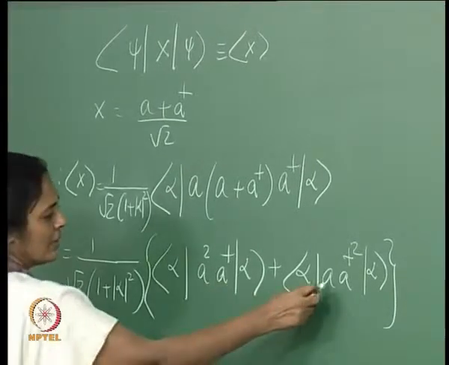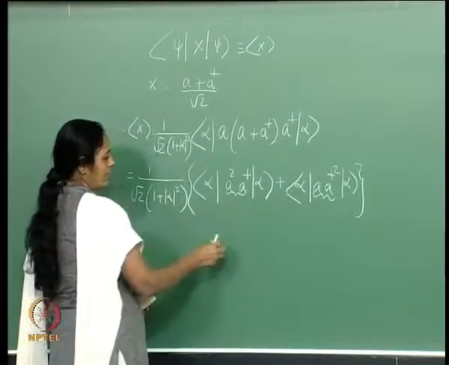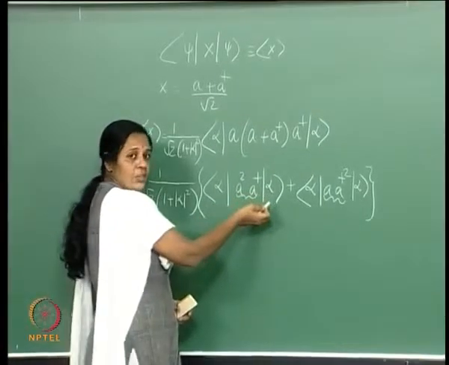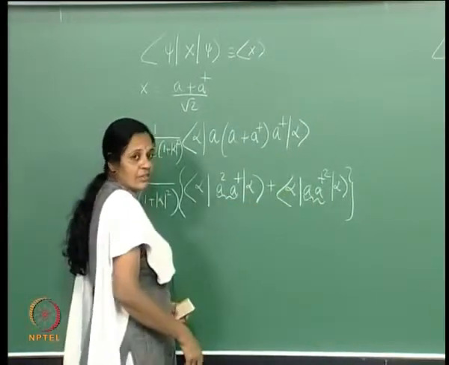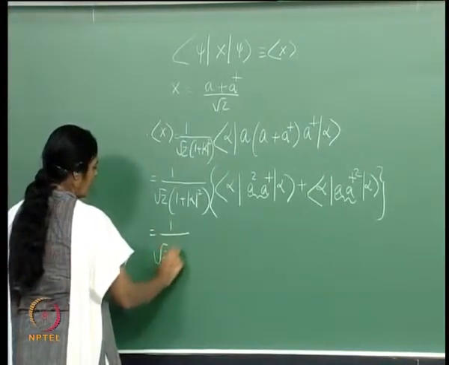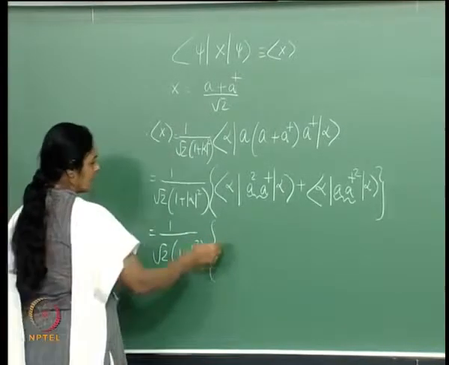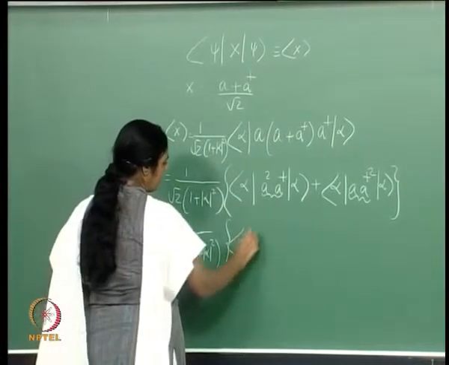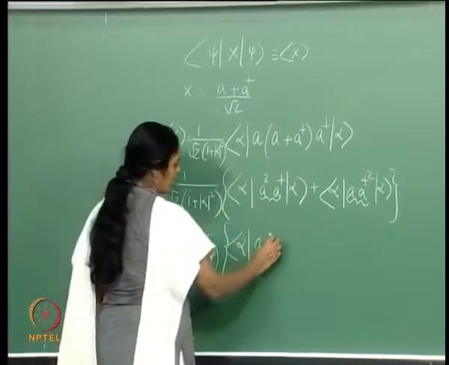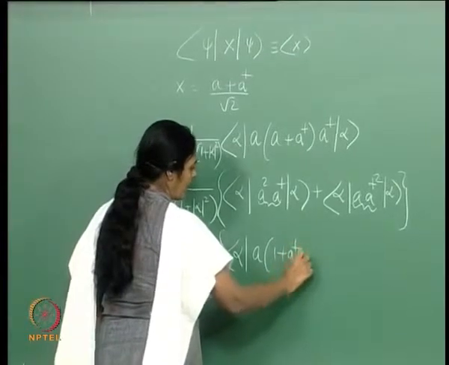Now, it is clear that this operator here, its dagger is here, and therefore, if I know this expectation value, I can always take the complex conjugate and get the other expectation value. So, I have 1 by root 2 1 plus mod alpha squared. Look at this. Once more, it is good to shift A to that side. So, I have A times A dagger, which is 1 plus A dagger A.